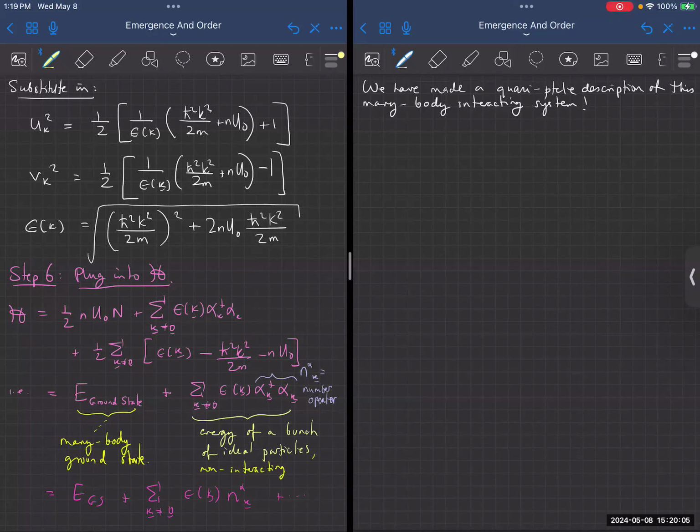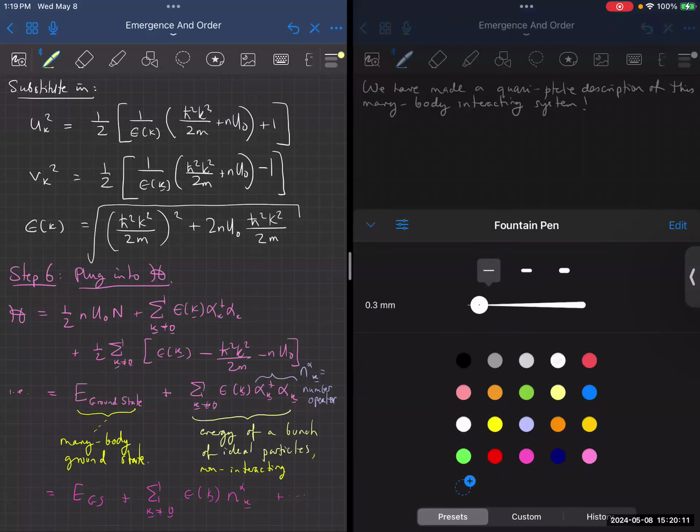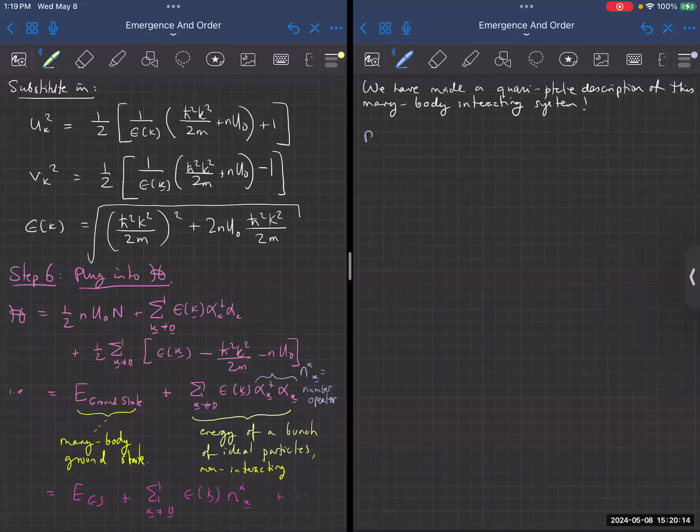So that's great. So let's now examine what the properties of the energy spectrum are. If you look at the functional form that we have over here on the left-hand side, what you can see is that as k tends to 0, epsilon of k has the following functional form.